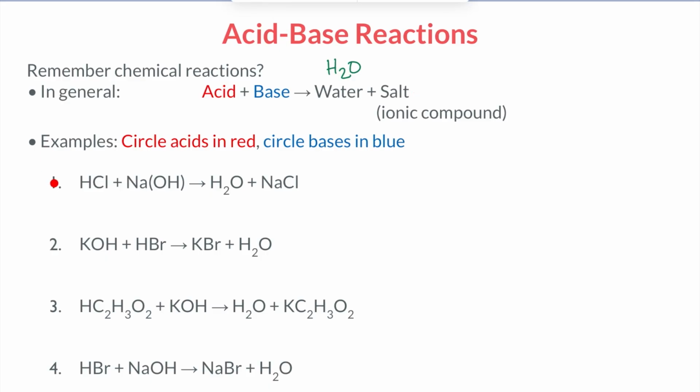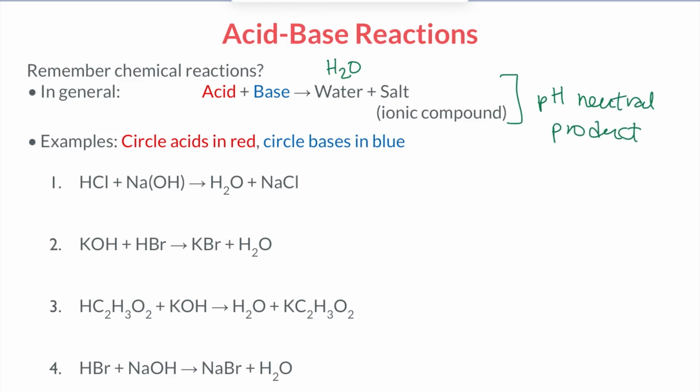As we look at these reactions, circling our acids in red and our bases in blue, acid and base are always going to be on our reactant side. We have water and some ionic compound on the product side, making two pH neutral products.